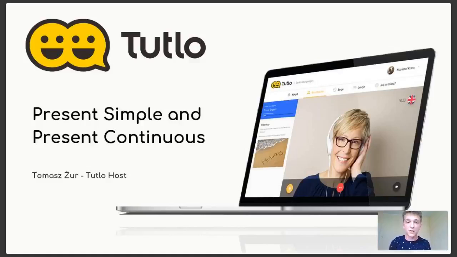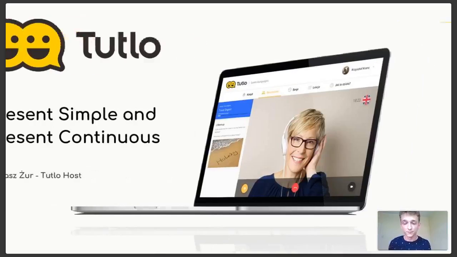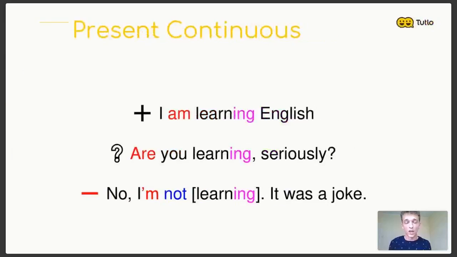Okay, so I think we can slowly move on. Present simple and present continuous. We'll, of course, start with something very basic: the structure. We've got the structure of present continuous.